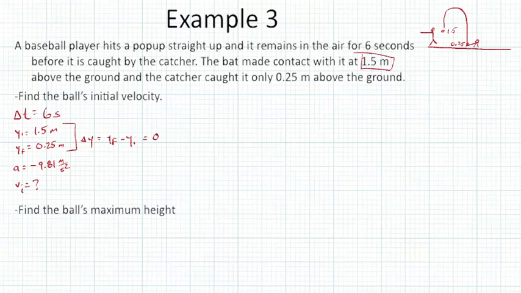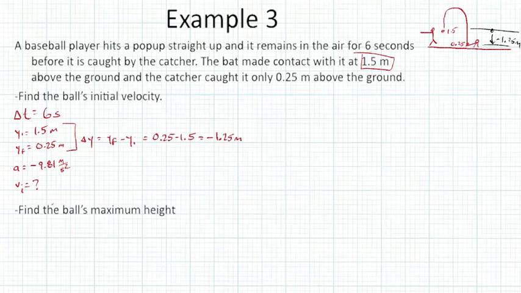That is 0.25 minus 1.5. And that's going to give us a delta y that is a total displacement of negative 1.25 meters. As we look at it over here in our little drawing, from beginning to end, the ball displaced downwards negative 1.25 meters between when it was hit and when it was caught.